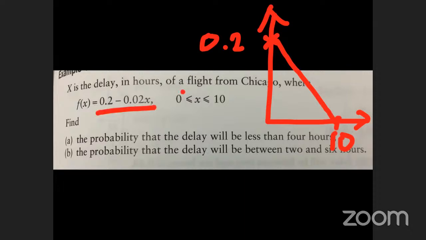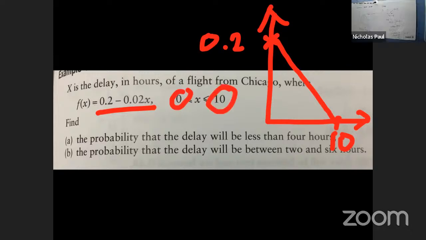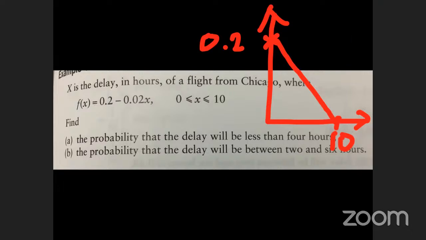So I plug in x is zero and I plug in x is 10, and I got that line. That's okay, Bradley? Okay, so that's the line, right?